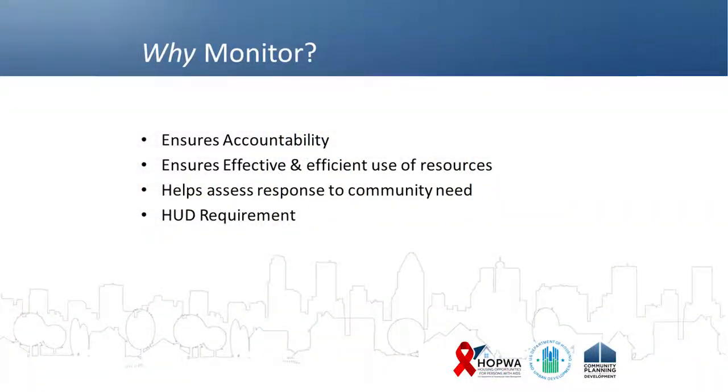Why monitor? It ensures accountability both to HUD and the American people, as well as to your community and the targets of the HOPWA assistance in terms of what you are doing with your HOPWA grants.